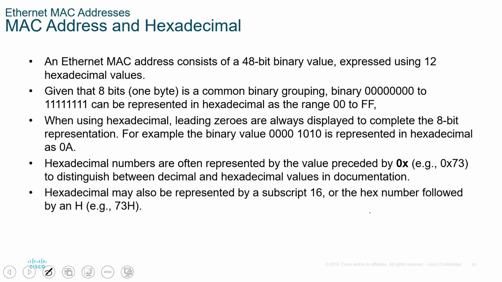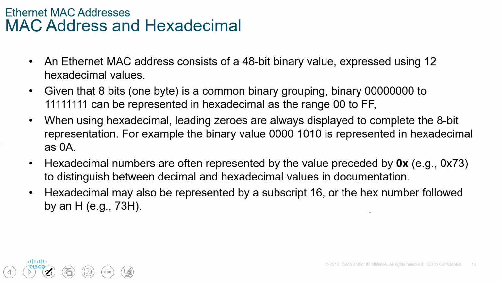So since layer 2 uses MAC addressing, we need to understand how the switch uses this MAC address. And yesterday, we looked at the conversion into hexadecimal. MAC addresses are usually considered a 48-bit binary value expressed using 12 hexadecimal values. So it is represented in hexadecimal. So it has a combination of letters, alphabets, and numbers. And those alphabets are within A to F.